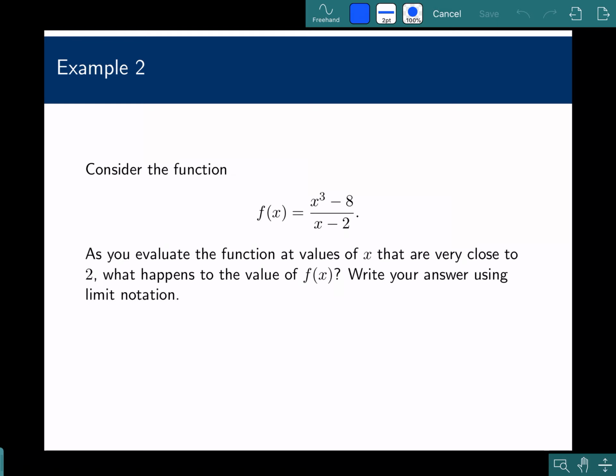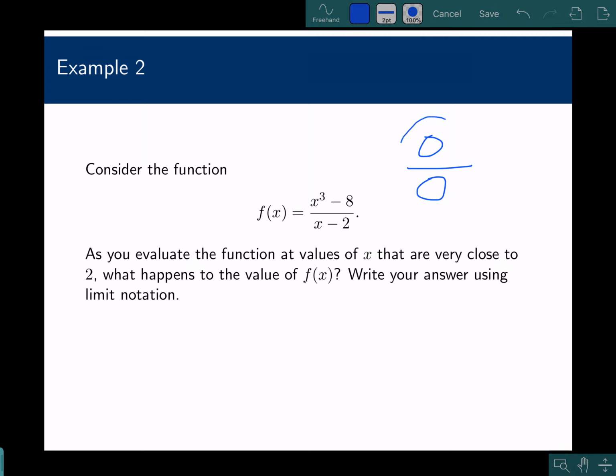It's not as straightforward as the first one. If x is getting close to 2, the top appears to be getting close to 2 cubed, which is 8, and so 8 minus 8 would be getting close to 0. The numerator would get close to 0. And the denominator, well, if x is getting really close to 2, and I subtract 2, I'm going to be getting really close to 0.